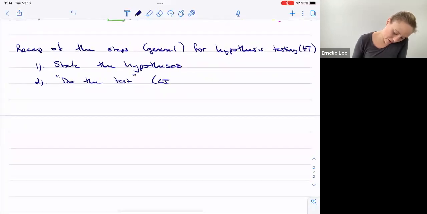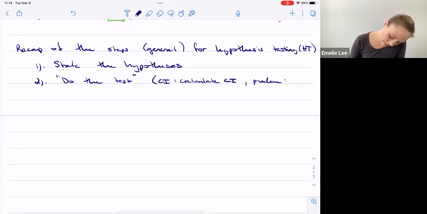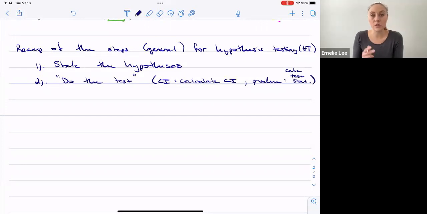If you're using the confidence interval approach, then it means calculate the confidence interval. Or if you're using the p-value approach, which is the more formal approach, which we'll introduce later, then it's calculate the test statistic. So do the test refers to the test statistic, but for now it just means calculate the confidence interval.